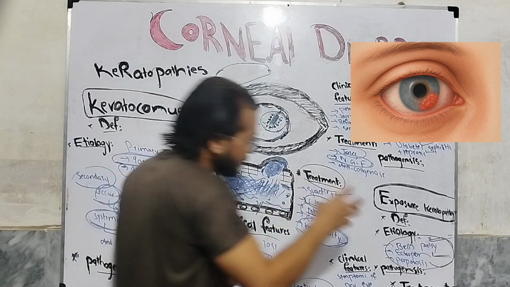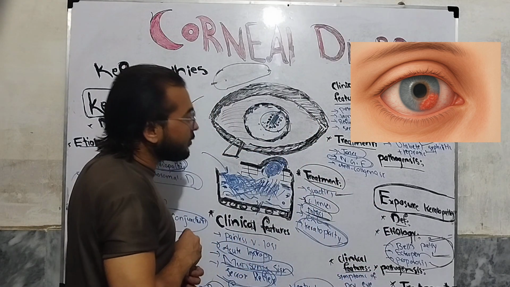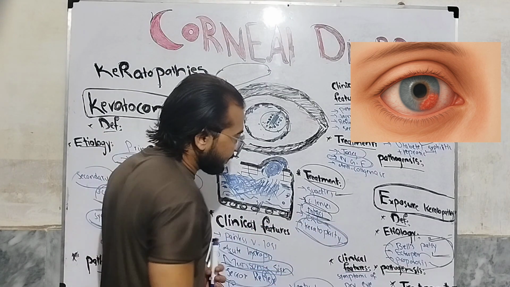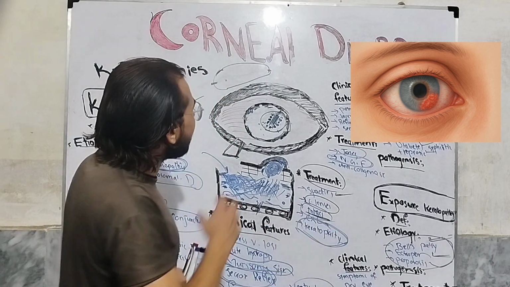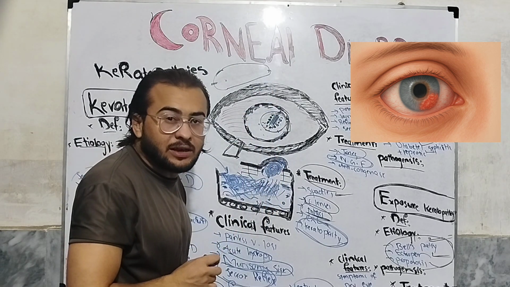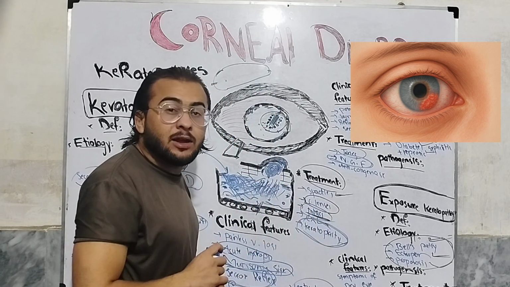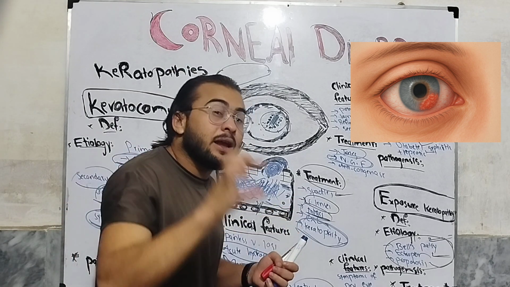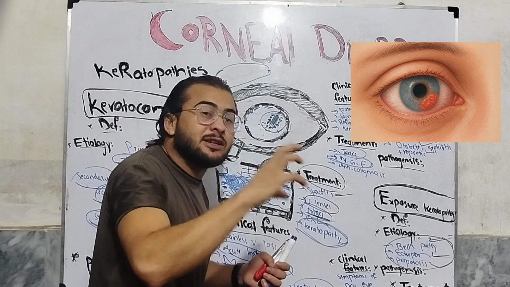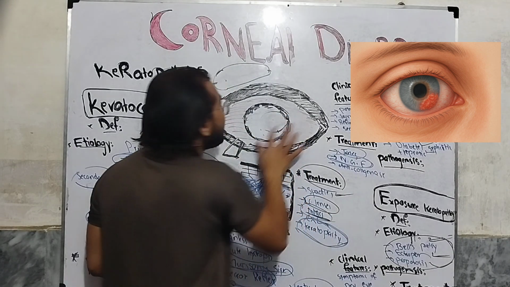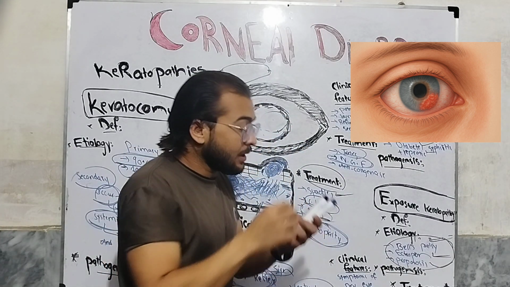Okay, so these are the clinical features and presentation of the patient in exposure keratopathy. Treatment. We have to give the patient artificial tears. If the eye is dry, we have to give artificial tears. But the most important and most common method used for exposure keratopathy is tarsorrhaphy.